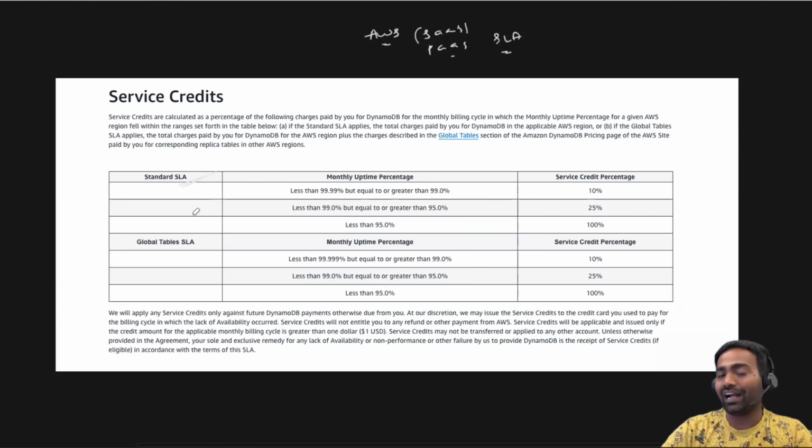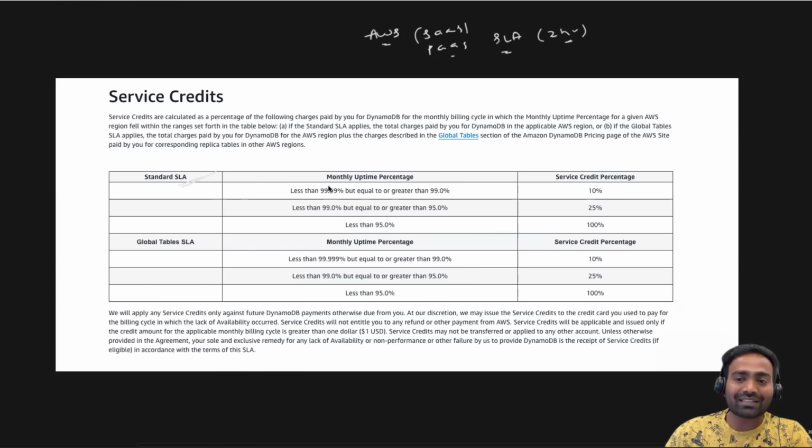I don't know what many of you thought about this outage, but the moment I saw the outage and the moment I saw that AWS reports that the outage was for 2 hours, I instantly looked at the service level agreement of DynamoDB just to see what exactly AWS is going to do after this outage.